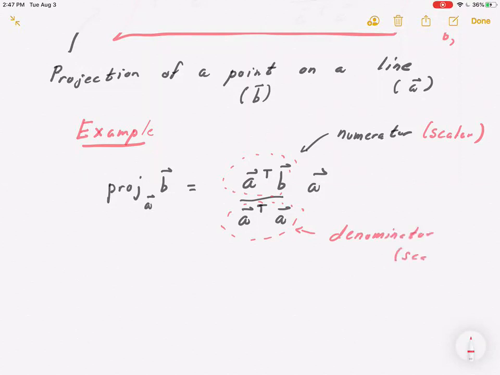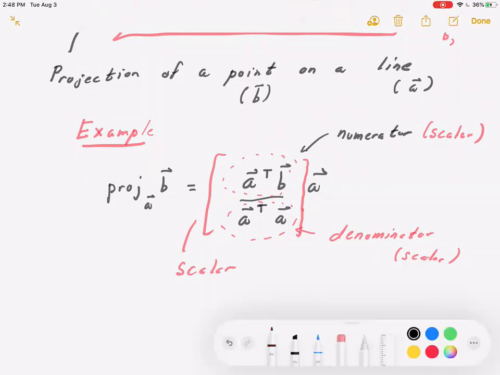So a scalar times a scalar, this whole thing in the square brackets is a scalar, it's a number. So what I have on the right-hand side of my equation here is a scalar times a vector. Well, that's just the same thing as a vector times a scalar, right?